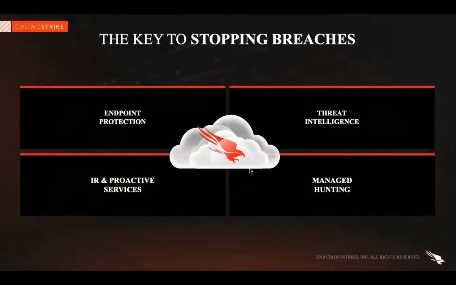And when it comes to the threat intelligence part, the second key to stopping breaches is to have the right threat intelligence platform in place. The purpose of having it is to make sure that you're ready to face the next set of attacks, or you could say ready to counter future attacks, right? Then you need to have a managed hunting team who are able to tackle zero-day attacks.